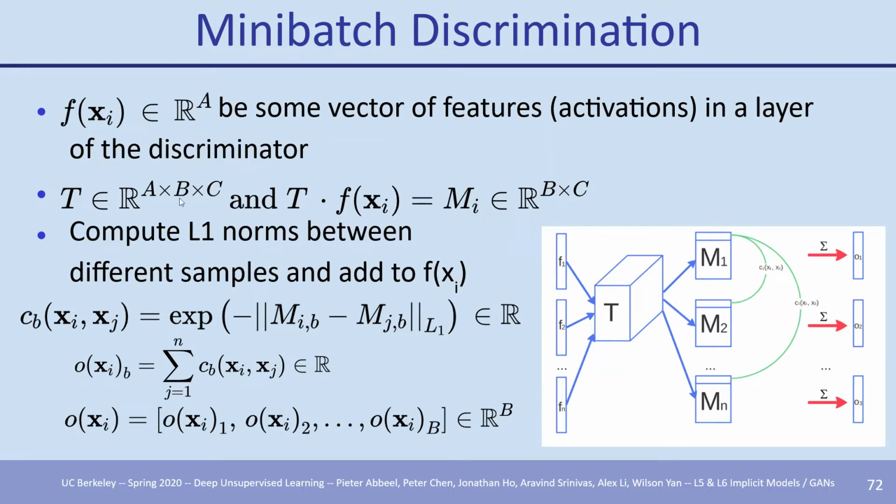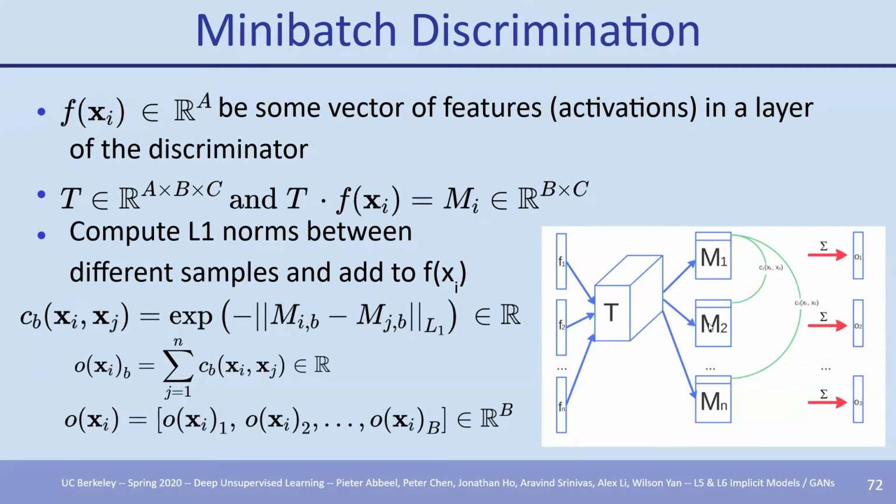We have some matrix T, and we multiply by T, and then we get M. So you have these features, and you get all these different M's for each feature by multiplying through this matrix T. And then you compute the L1 norm between the different samples, where i and j are the different samples.